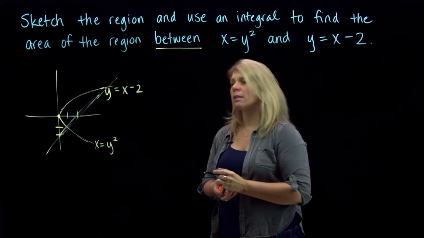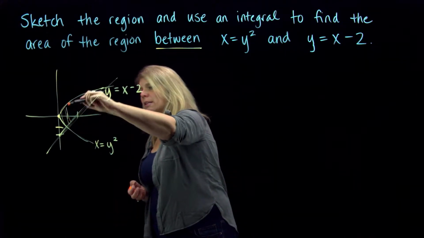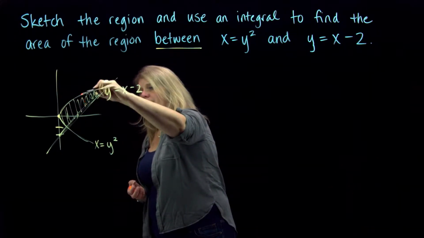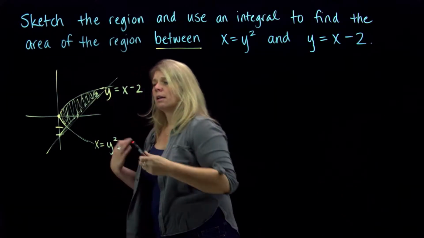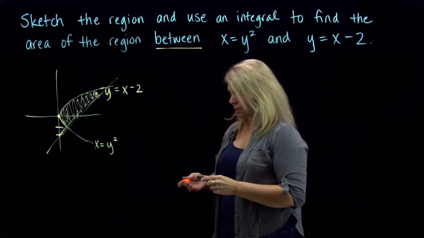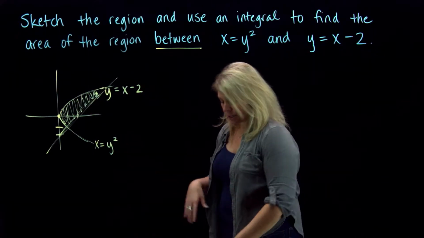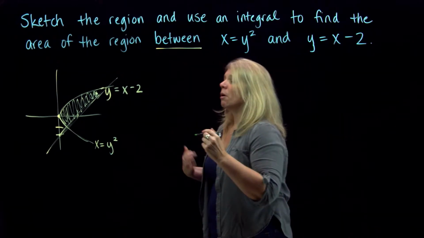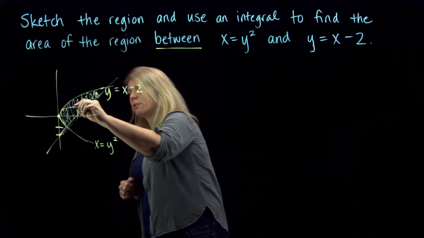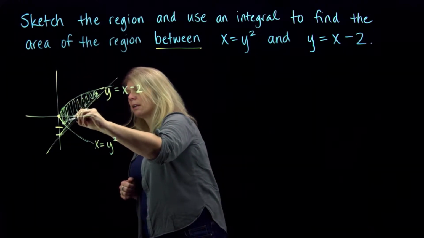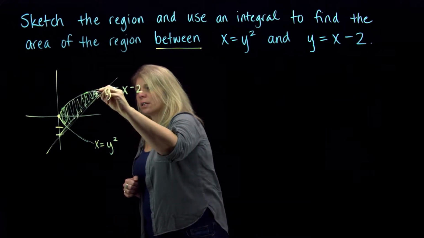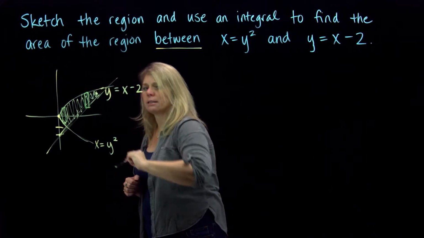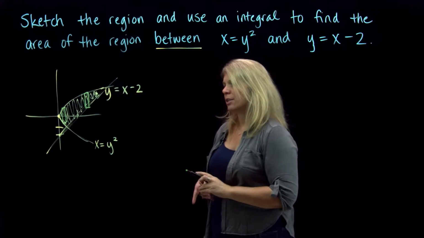All right, so I'm interested in the area of this region enclosed by these two graphs. So this region in here, and we talked before about how we can use a delta x or a delta y partition, and probably for this region you could actually do either. But one important thing to note is that if you do a delta x partition, you've got different functions defining the height on different parts of that region.